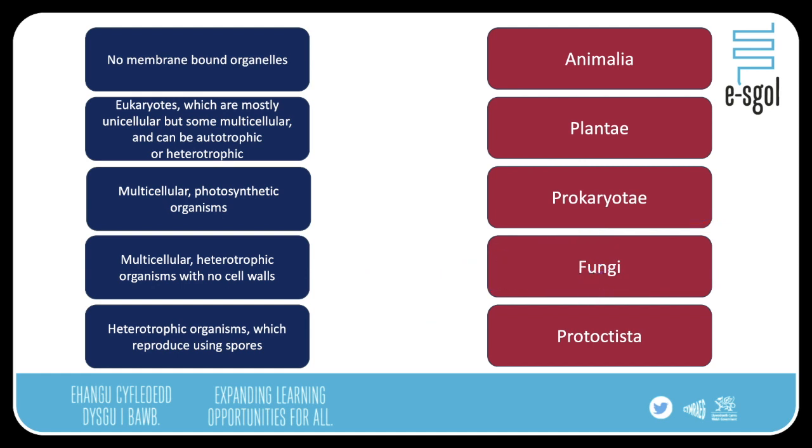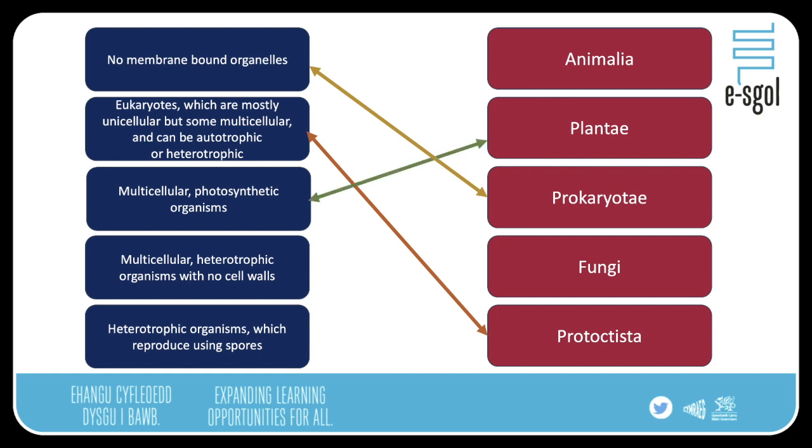Now for the answers. For the first statement, no membrane-bound organelles, this matches to Prokaryote. The second statement reads, eukaryotes, which are mostly unicellular, but some multicellular, and can be autotrophic or heterotrophic. The answer for this one is Protoctista. Our third statement states, multicellular, photosynthetic organisms.